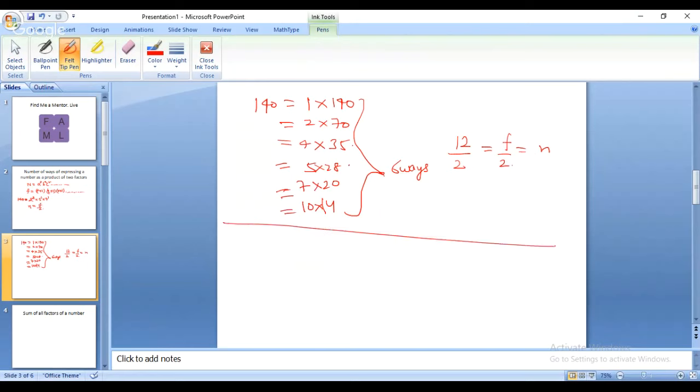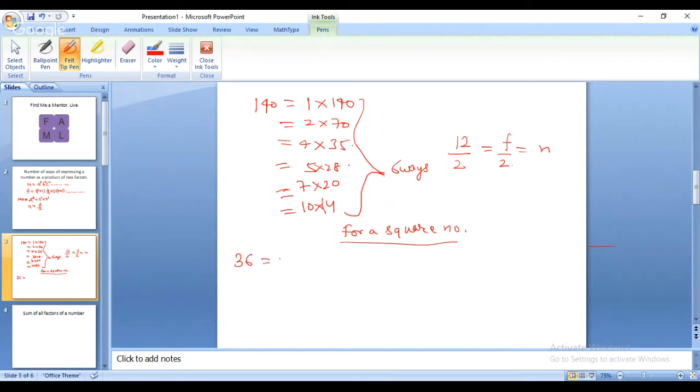But what if the number is a square number? Let's take 36 as an example.